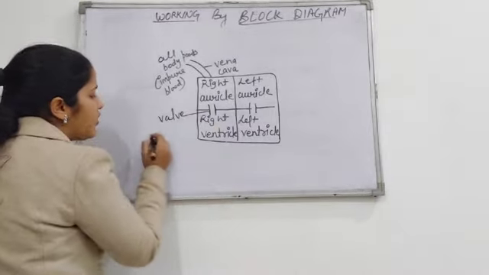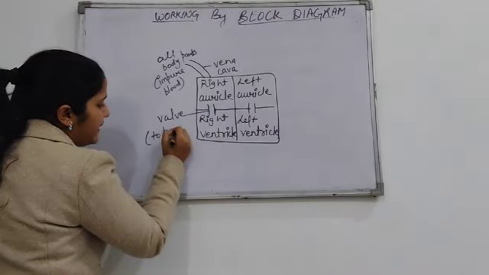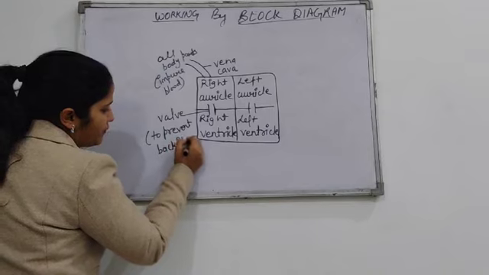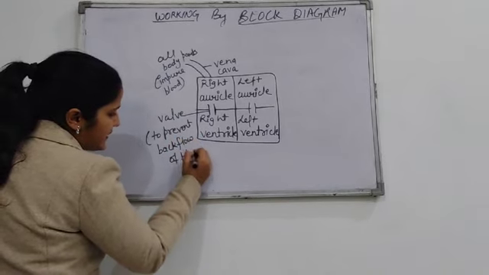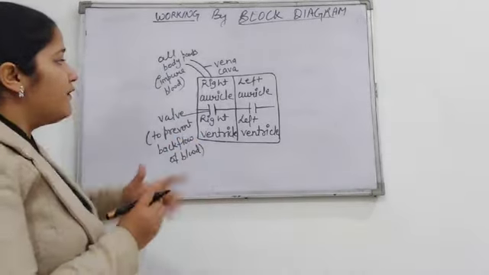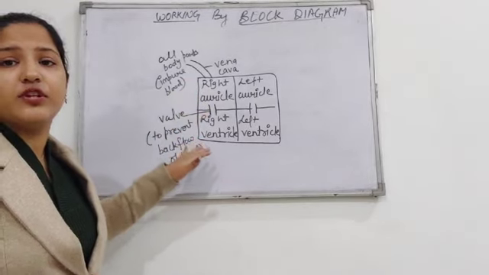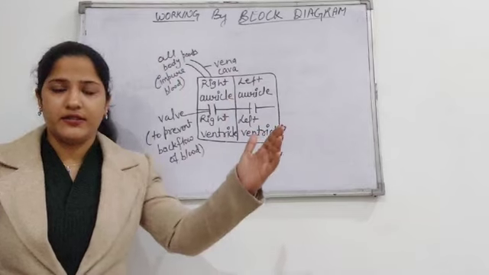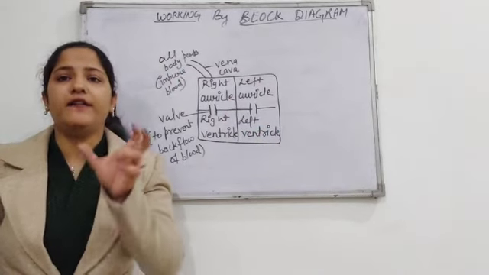What is a valve? The main function of a valve is to prevent back flow of blood. What does that mean? That means once the blood enters into the right ventricle, it will not go back. That is ensured by the valve.